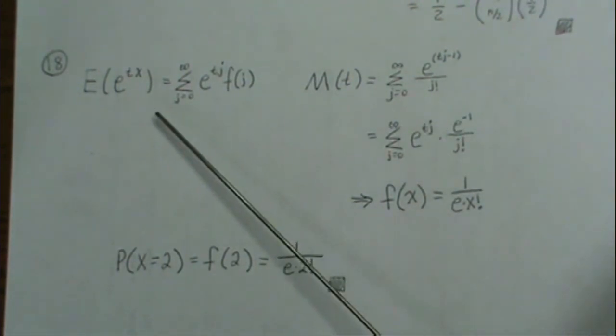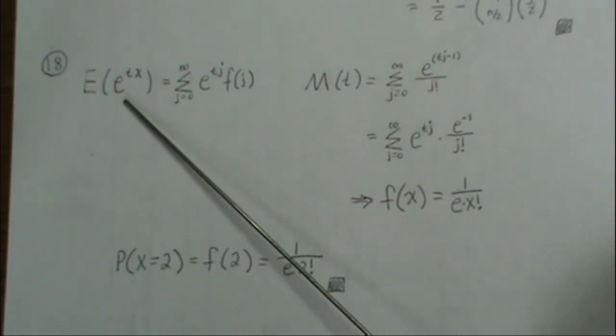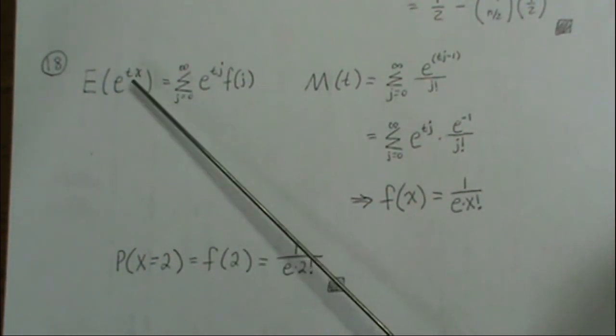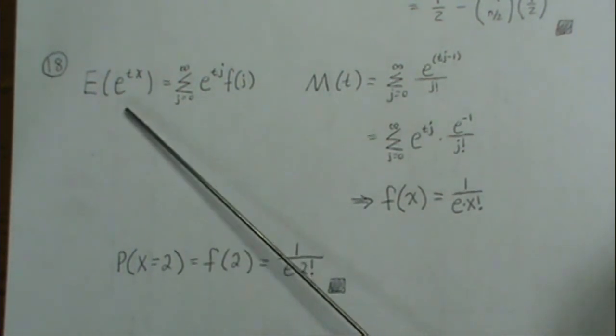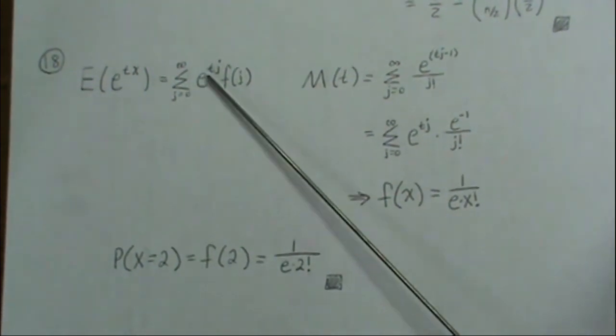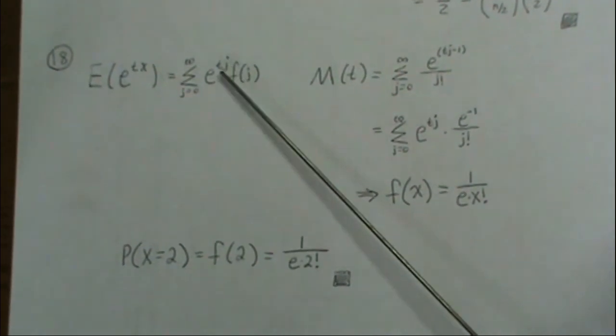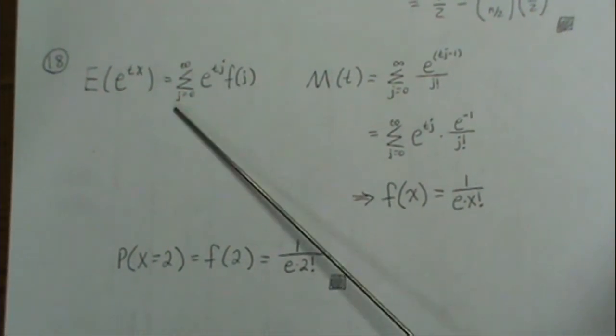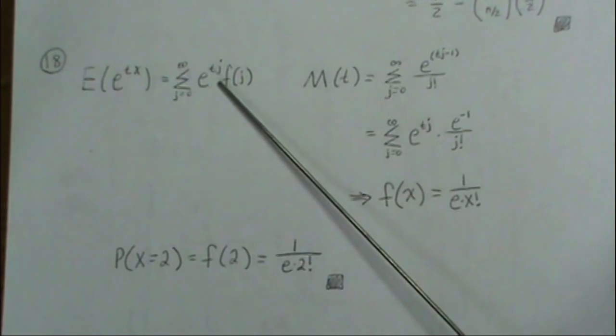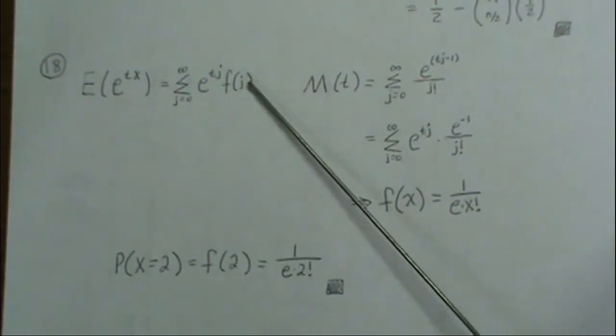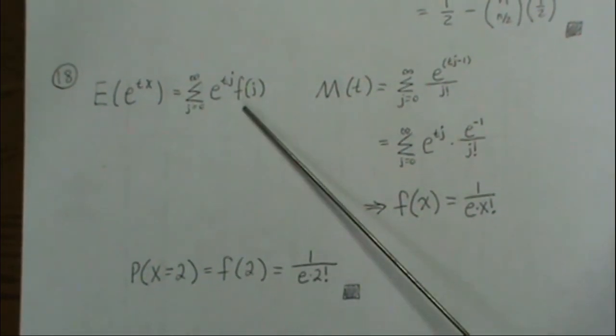The definition of the moment generating function is the expected value of e to the tX. It's a Laplace transform. So we take e to the tj, where j is the dummy variable used to sum, times the probability of j. So this is the definition of expected value.